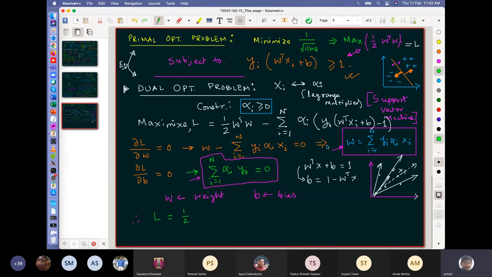So this is half this into this. Summation i equal to 1 to n, summation j equal to 1 to n, both should be multiplied, right? Alpha i, alpha j, yi, yj, and xi dot xj. This is a dot product, since xi is a vector of attributes, minus now this term. Okay, so let us do it.